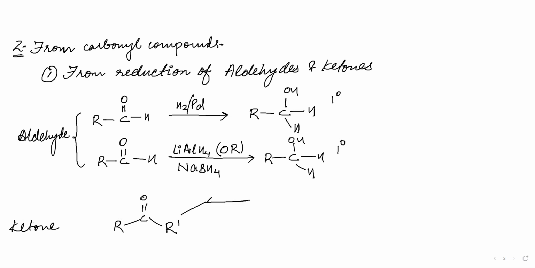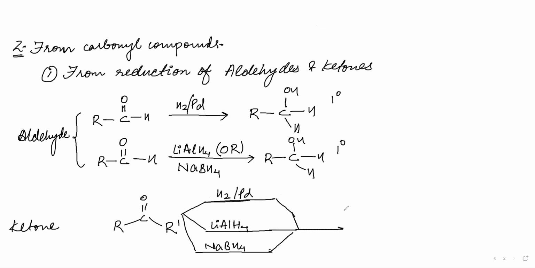No matter whether I go from H2 in the presence of Pd, or from LiAlH4, or from sodium borohydride, NaBH4, all three of them will give me the same product.